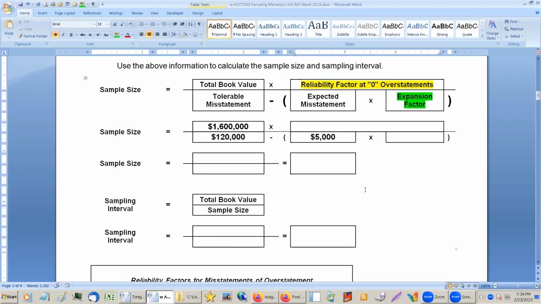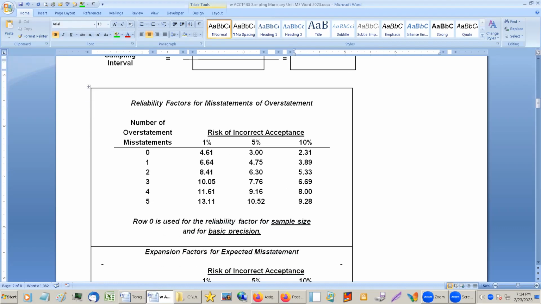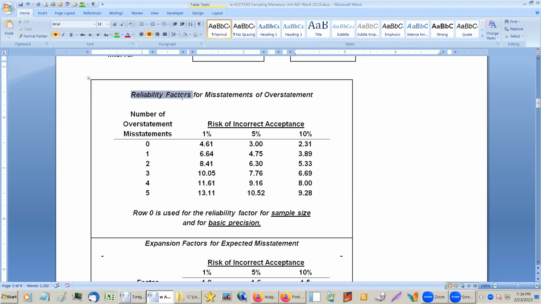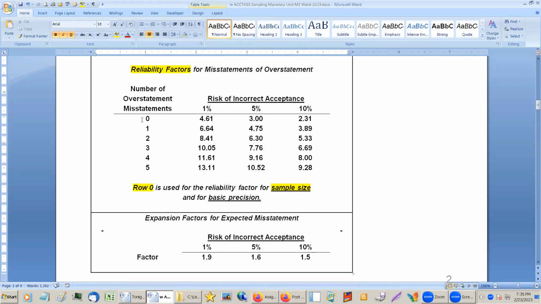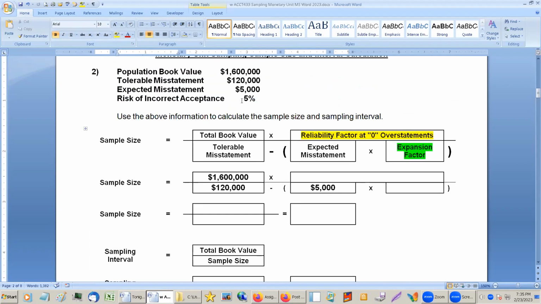Reliability factor. Okay, so we're talking about reliability factor. Coming down here, we have our reliability factors. And they tell us to use row 0 for the sample size. Risk of incorrect acceptance is 5%.